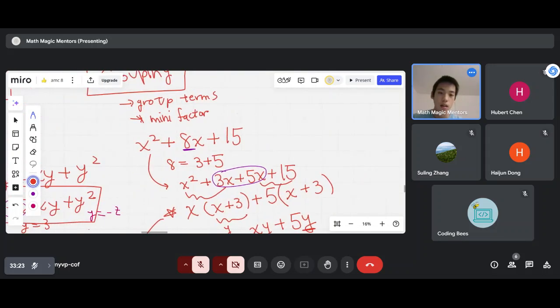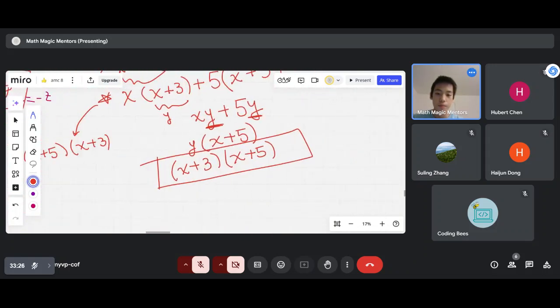And so whenever you're factoring a quadratic, you want to make sure that every expression in the product must have an x. So in this case, we have an x in the x plus 3 term, and an x in the x plus 5 term. Because if you have one x and then no x in the other expression, you're not going to form a product of x squared, because you must have at least two x's to form something x squared.